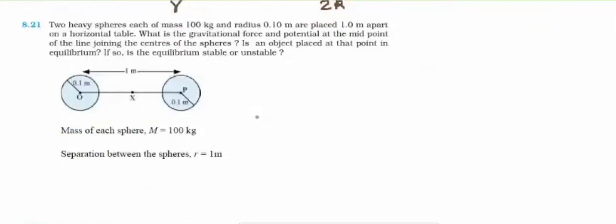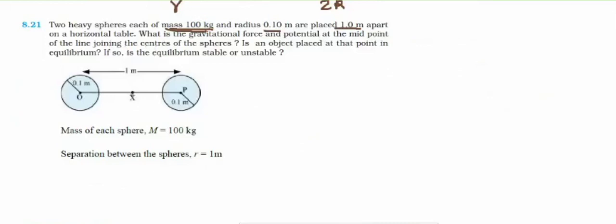Then next question 21. Two heavy spheres of mass 100 kilogram each, radius 0.1 meter, it is shown in the diagram. They are 1 meter apart, their centers. What is the gravitational force and potential at the midpoint of the line joining the centers?